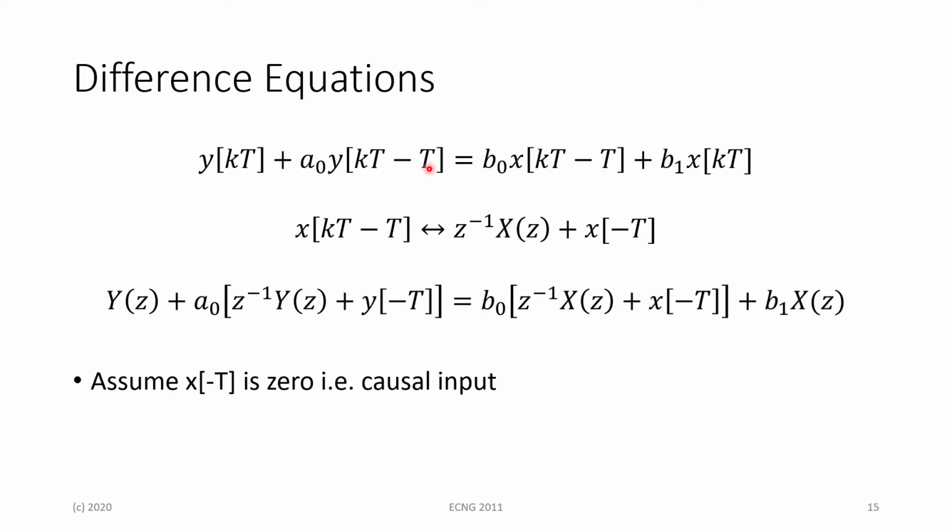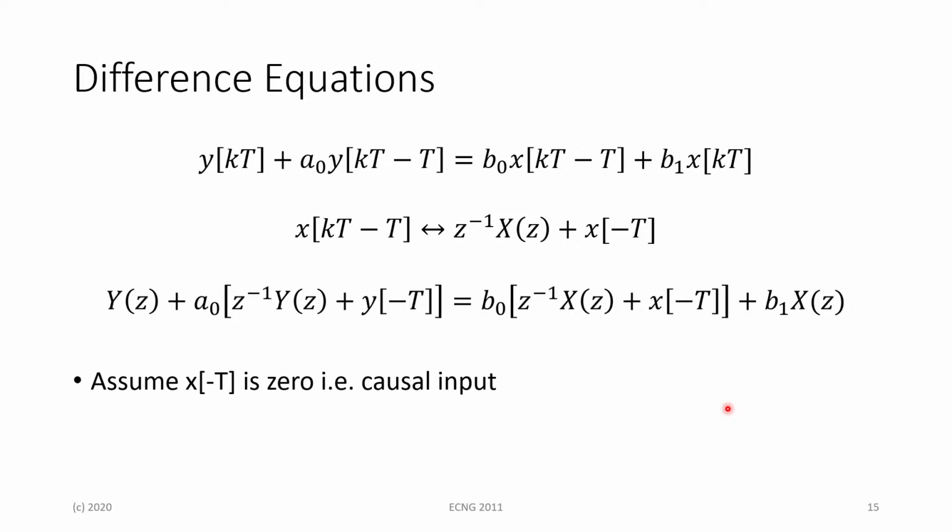Y of kt minus t becomes z to the minus 1 of y of z plus y of minus t, because this is a y signal here. And the b naught here is also a constant, so this remains as is. X of kt minus t, we just substitute in z to the minus 1 x of z, plus x of minus t for this part. b1 being a constant remains as is, and x of kt just transforms to x of z.